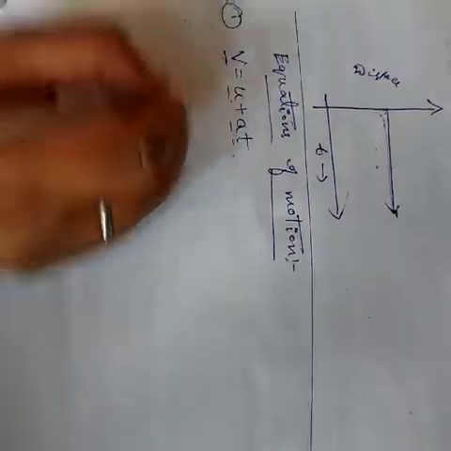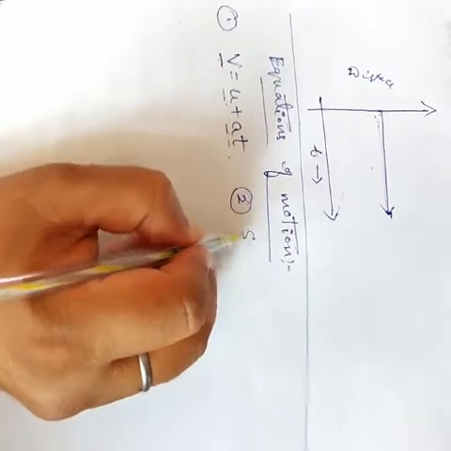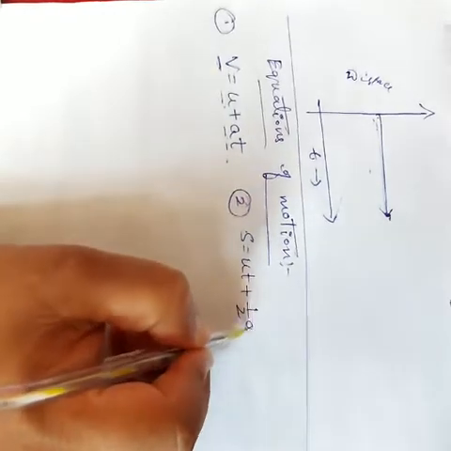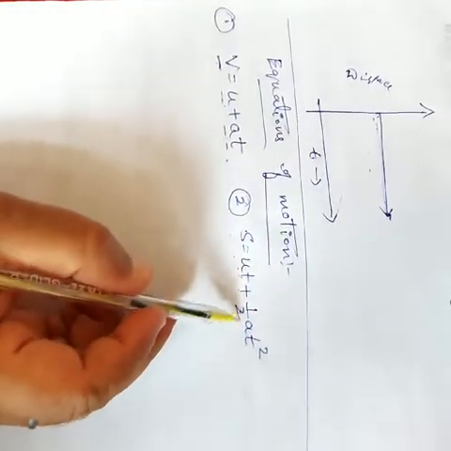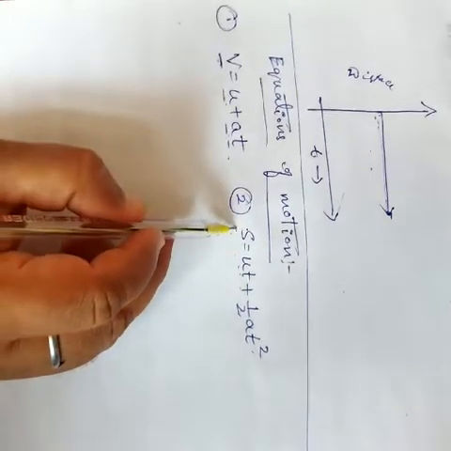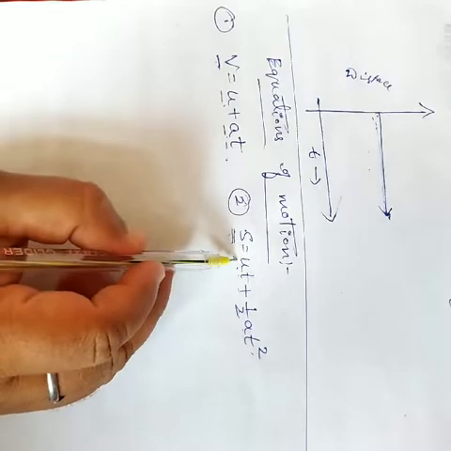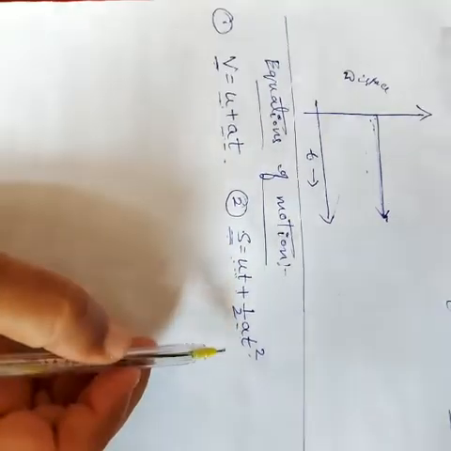Next, the second equation is s is equal to ut plus half at square, where s means distance, u means initial velocity, t means time taken, and a means acceleration.